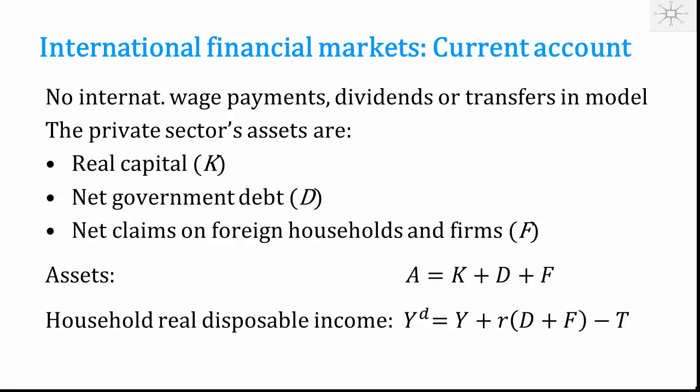We have no dividends from abroad because the households own the capital stock in the country and no foreign capital. And we also don't have any development aid or any other transfers.